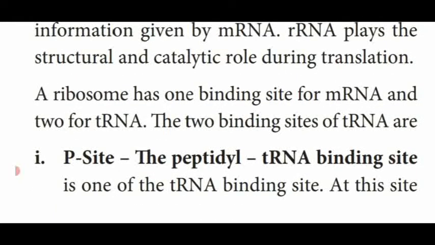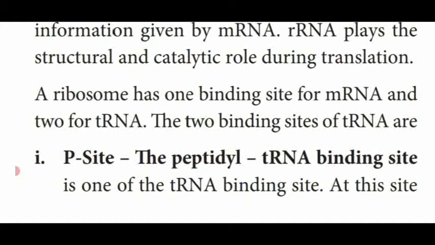Next, the ribosome has one binding site for mRNA and two for tRNA, because the translation process takes place in the macromolecular region of the ribosome. So the ribosome contains one site for attachment of mRNA, and the other two sites are for tRNA.